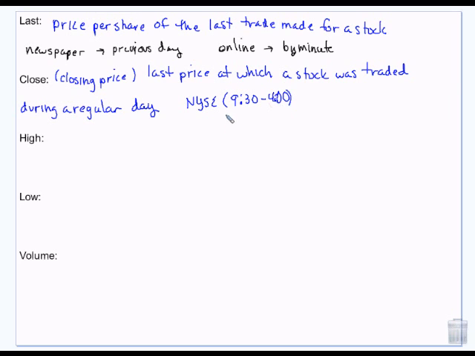So the last trade in the New York Stock Exchange happens at 4 p.m. But that's Eastern time zone. There's still like the Japanese Stock Exchange, that's still going. There's stock exchanges in England. There's stock exchanges all around the world. So this will be the last price at which the stock was trading during the regular day, depending on whether you're looking at the New York Stock Exchange or the NASDAQ, because those are by time zone.